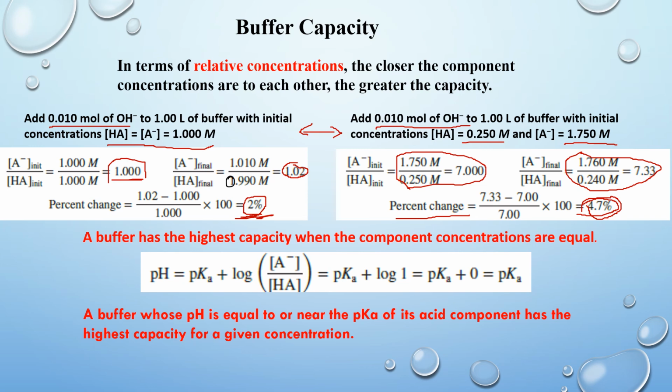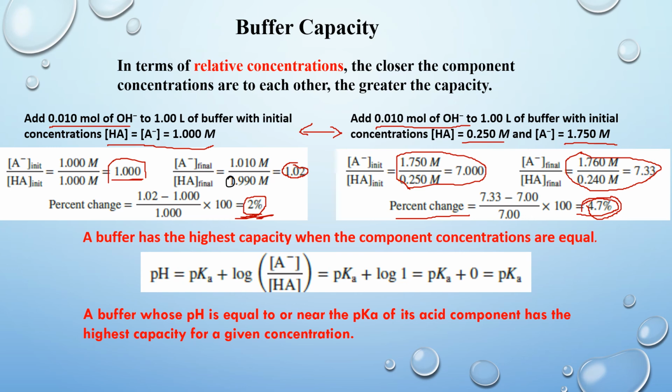Meaning that by adding the same amount of the base, the pH in the second buffer will change more than the pH change in the first buffer. Right, so that's why we said a buffer will have the highest capacity when the component concentrations are equal at a given absolute concentration.